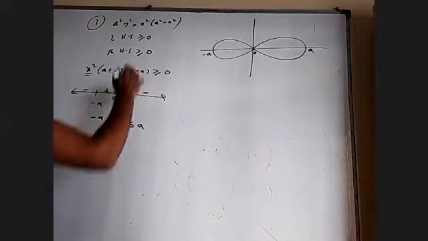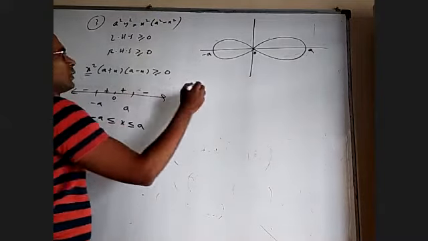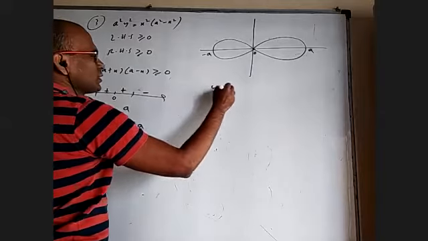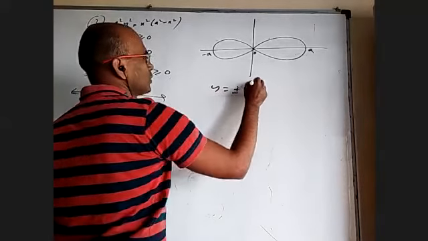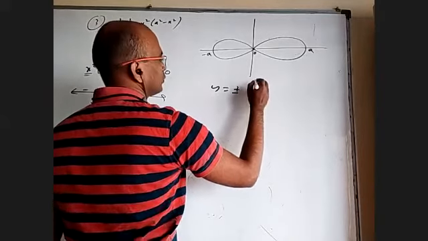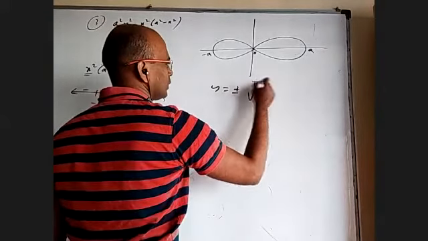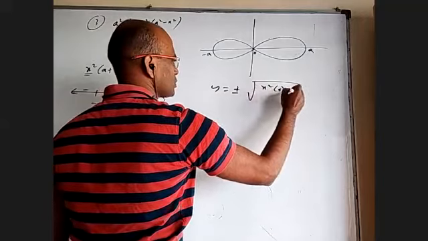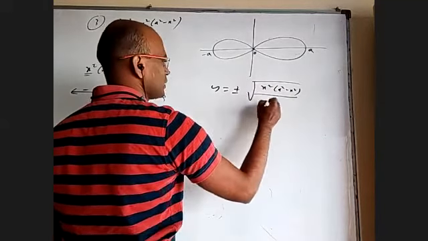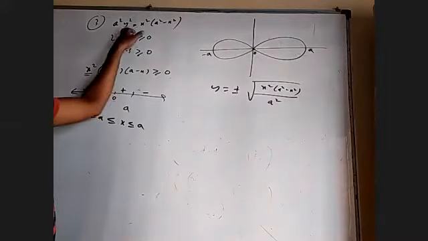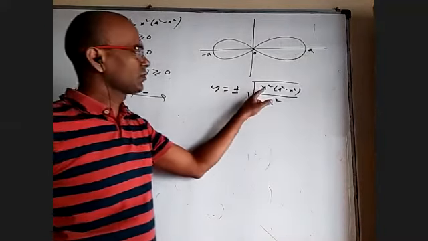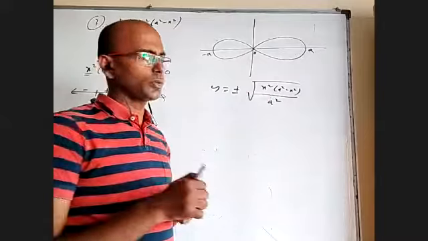Next, you can very nicely see here. First of all, you can write this as y equal to plus or minus root over x square into a square minus x square, by a square. I want to find y. You see carefully here, let us observe between 0 to a.